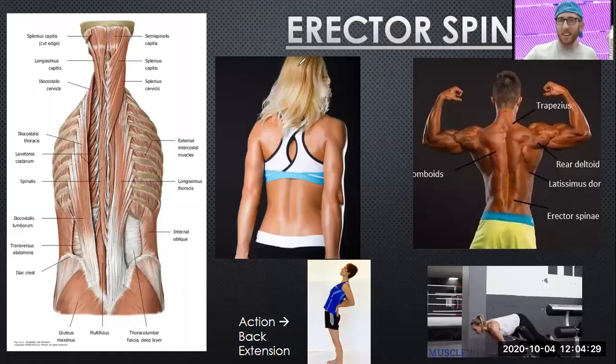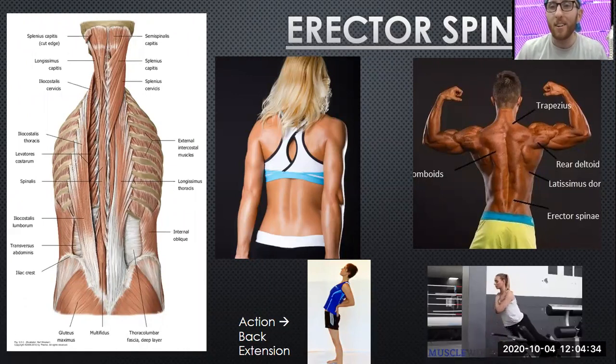All right, enough with the anterior abdominals. We're on to the posterior side, the back, and we've got a few trunk muscles to talk about here. Again, just a reminder that this is back extension, and the back muscles will pull your body into back extension.